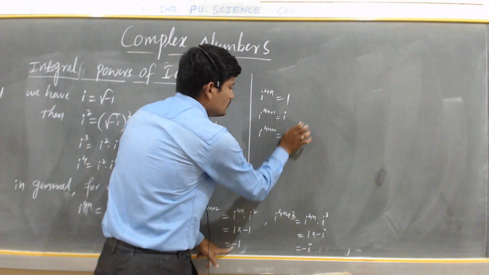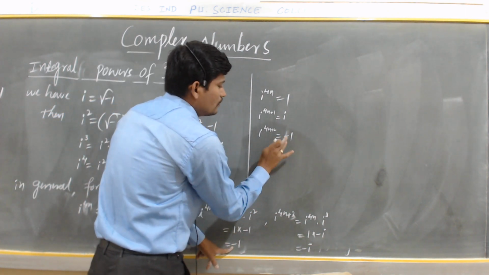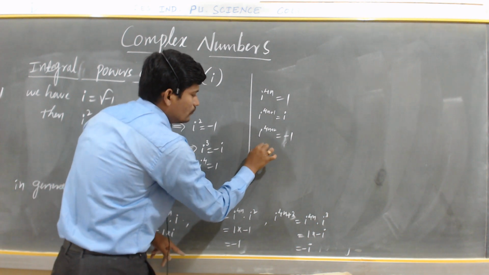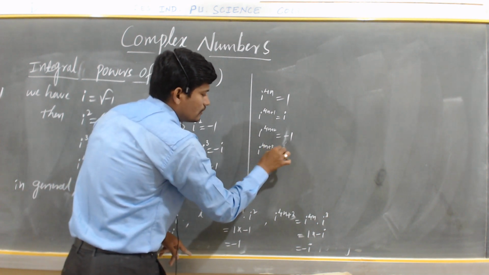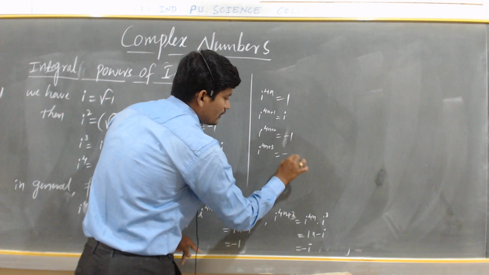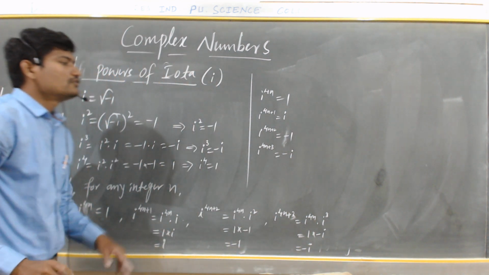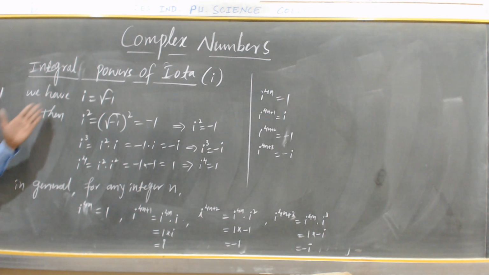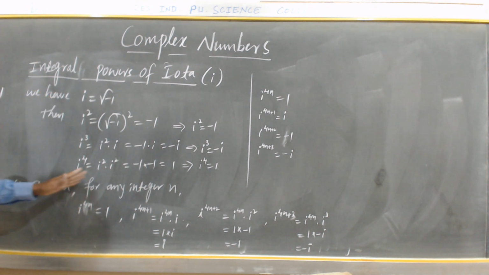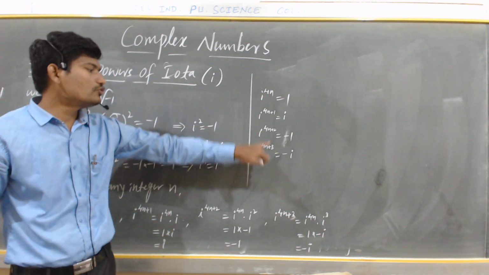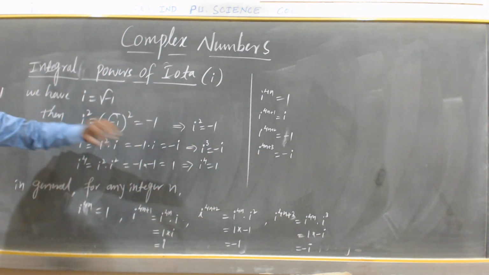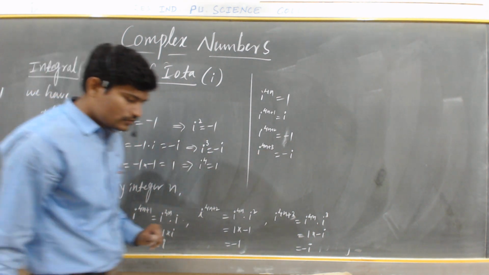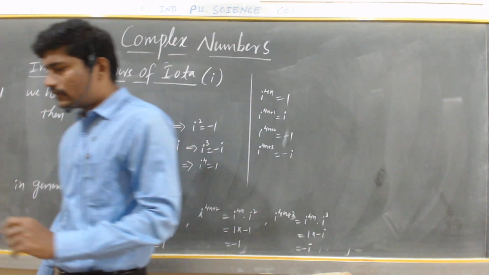Next, I to the power of 4n plus 3 equal to minus I. So these are the values of the general form of powers of iota. If you perfect these first four and the general form up to I to the power of 4n plus 3, you can solve any type of problems.